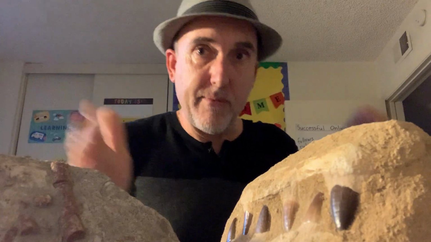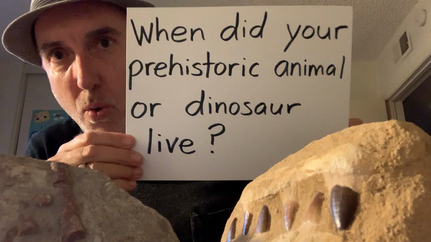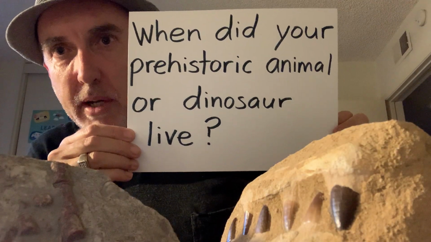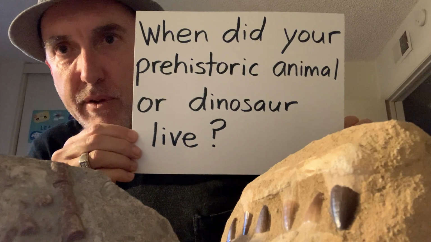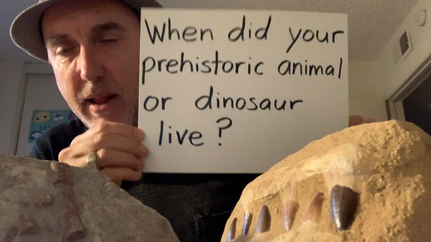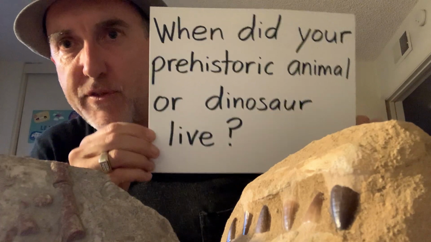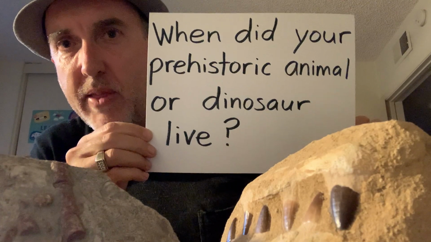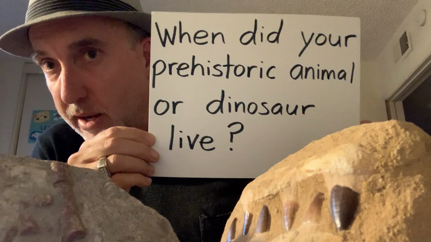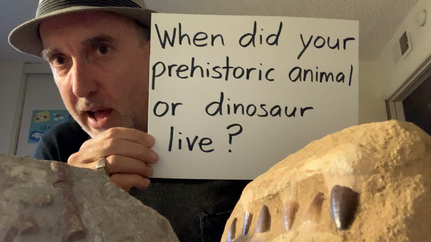How about when? Here we go. When did your prehistoric animal or dinosaur live? When? How long ago did it live? What period of Earth's history did it live in? Did it live in the Jurassic period, maybe? Try to research that.